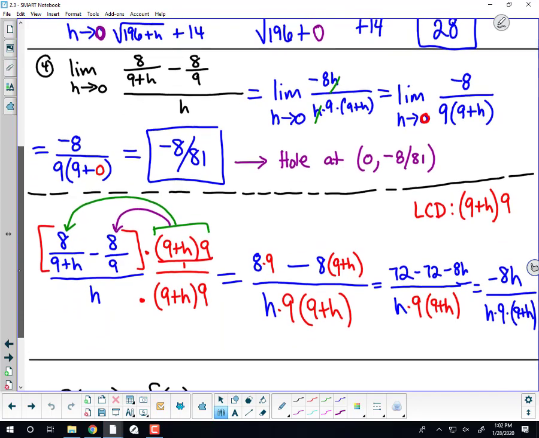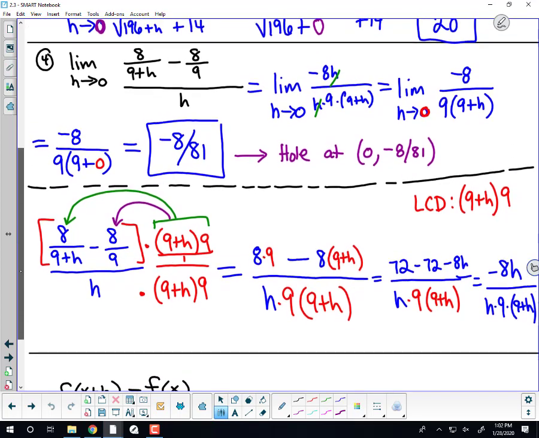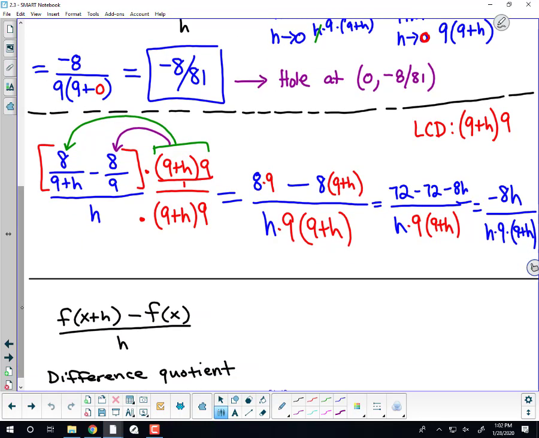If you've taken pre-calc recently, this might look familiar, where you were setting up the difference quotient. In previous classes, they would say, here's the difference quotient, find it and simplify it. That's what we're doing here with examples like this.